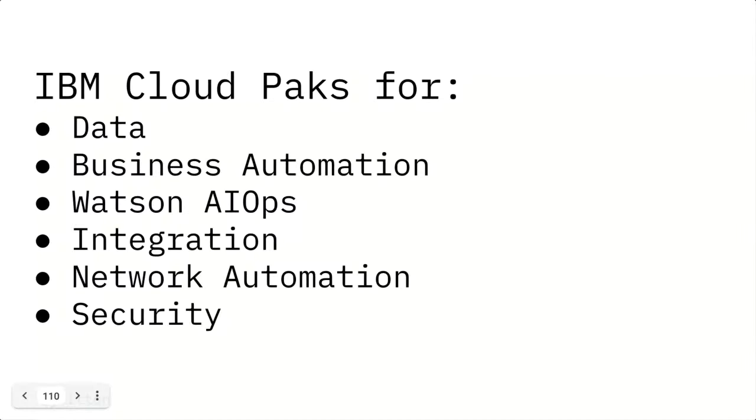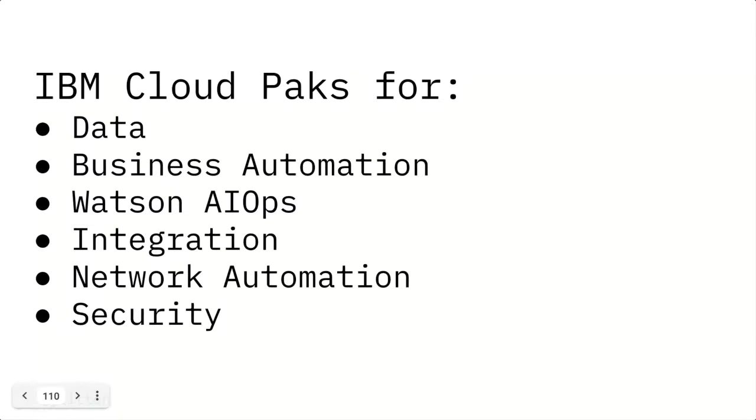So for instance, if you're looking to provision a containerized Watson AI Ops application, right? And there's a lot of pieces that are included in building out a solution like that, right?